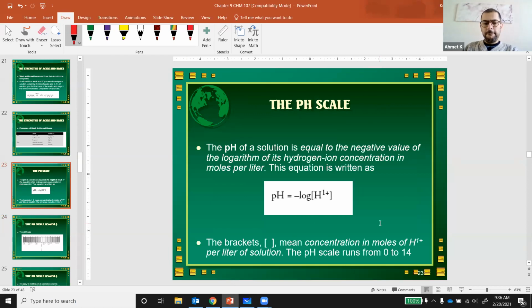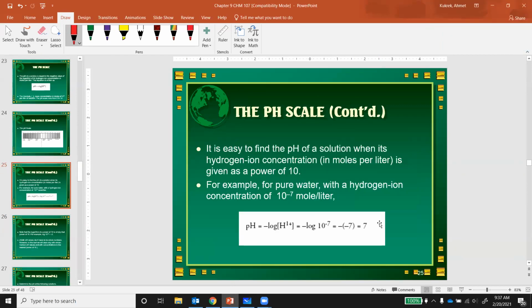Make sense? Yes. I'm going to show you some examples, guys. Don't worry about it. Usually we are going to be giving you, you can either use your calculator, but in this class, I'm not going to be asking for 2 or 3 significant figures, maybe 4.